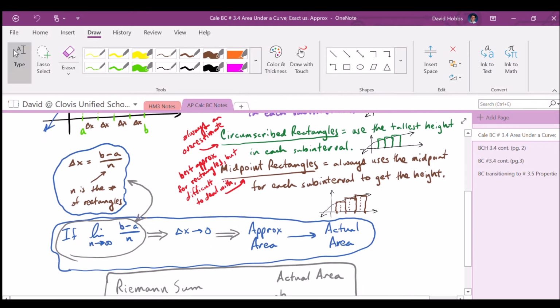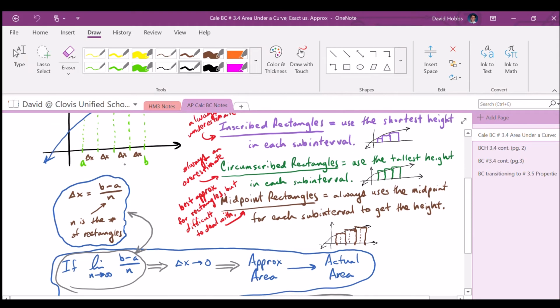And so if we take the limit as n goes to infinity, so in other words we're going to do an infinite number of rectangles in a finite distance here, effectively the delta x is going to 0, isn't it? Yes. And what that means then is the approximate area is becoming the actual area.